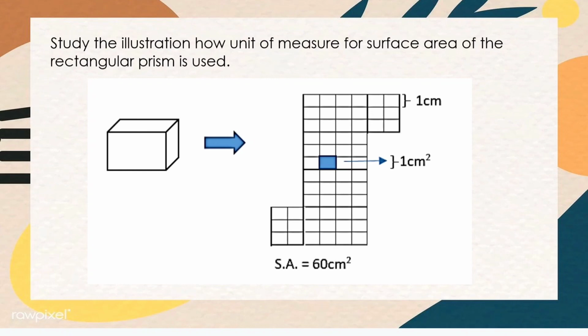We all know that area is measured in square units. One square unit measures 1 centimeter, so when we get the area of this square, we come up with 1 square centimeter. So the question here is, what is the surface area of this rectangular prism? You are going to count each square.